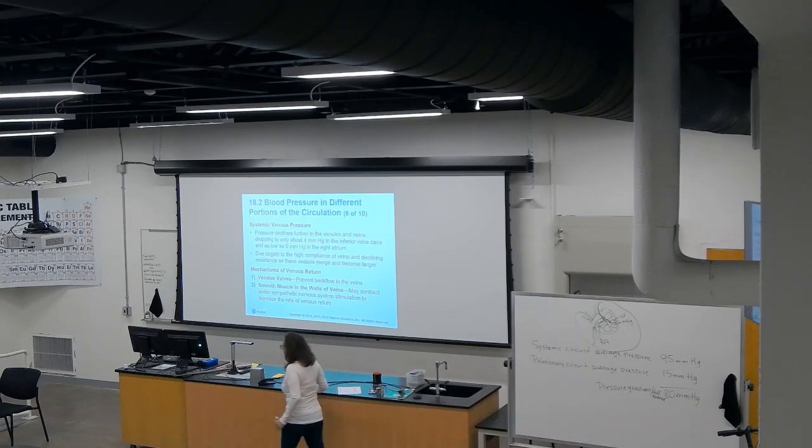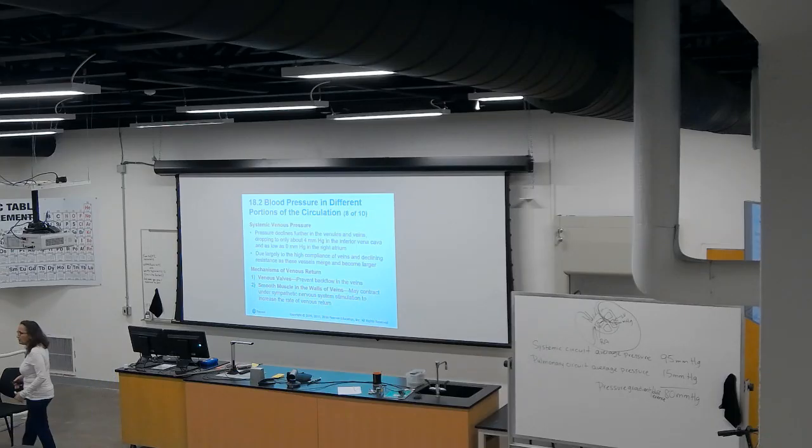Now, something that also aids in the return of blood is the presence of valves in the lower limb veins. These valves prevent the backflow of blood because they are like the semilunar valves.